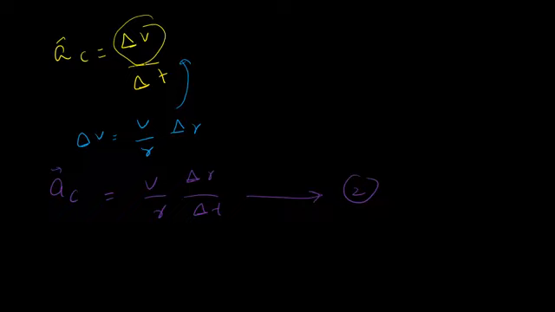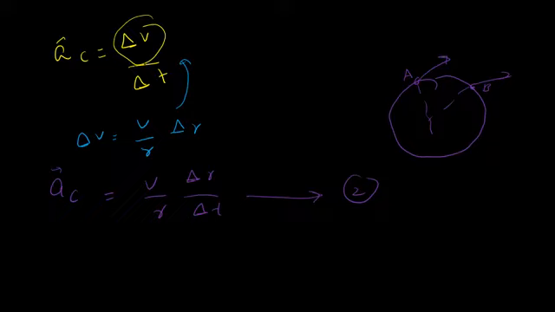Now here, this is point A and this is point B. If points A and B approach each other and become so close together, then the delta v, where this is vi, this is vf, and this is the direction of delta v, will point towards the center of the circle.